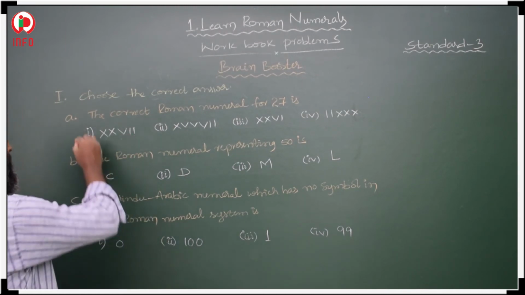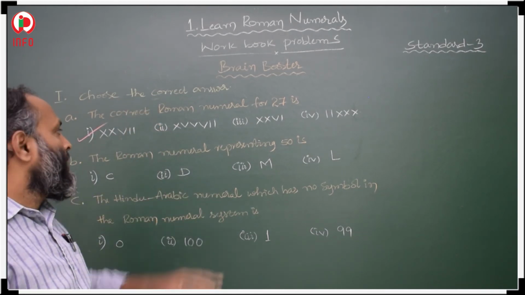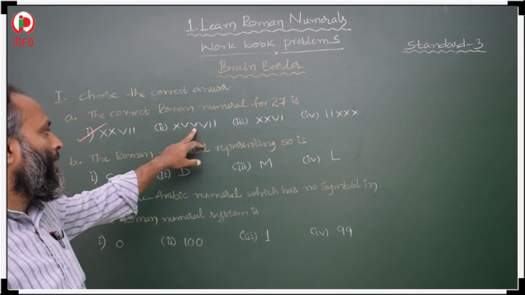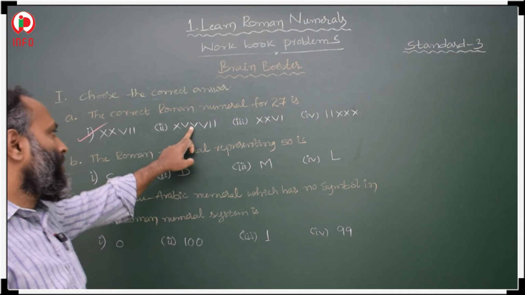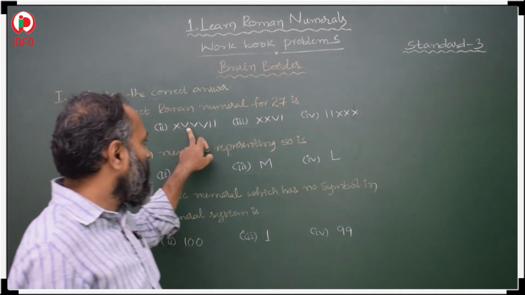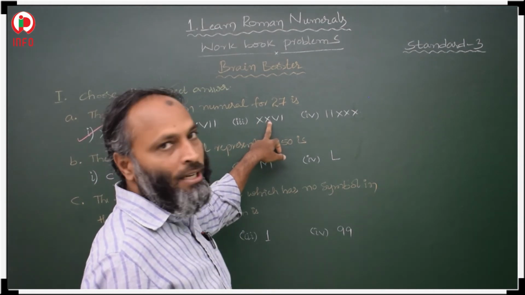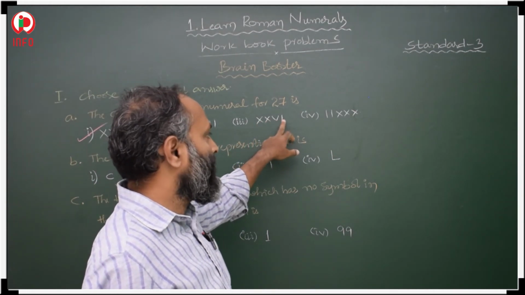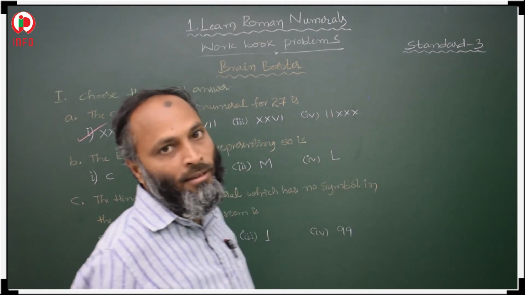This is the correct Roman numeral. This is not correct, so V never repeats. Here V repeats twice, it is not correct. Here V repeats thrice, it is not correct. Here 10 plus 10, 20, 20 plus 5, 25. This is 26. It is also not correct.